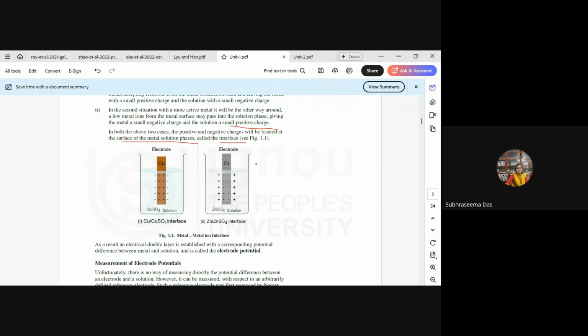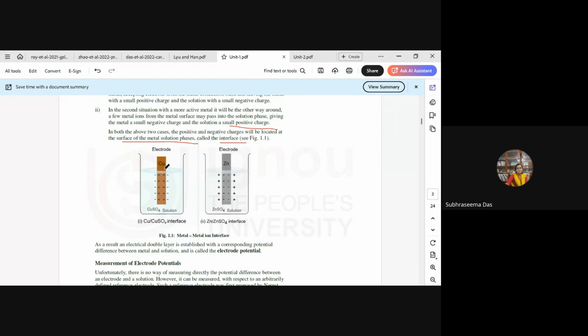Similarly, in the second case, the zinc sulfate interface, the zinc solution acquires a delta positive charge, whereas the zinc acquires a delta negative charge. So you can see in both cases there is a difference of charges, positive on one side of the interface and negative on the other, and because of this there is the development of the electrode potential.